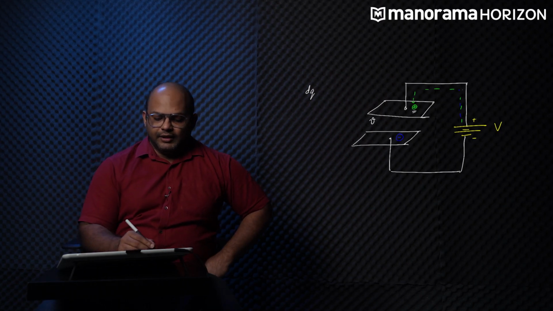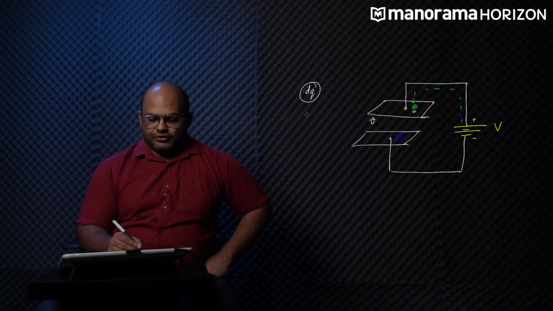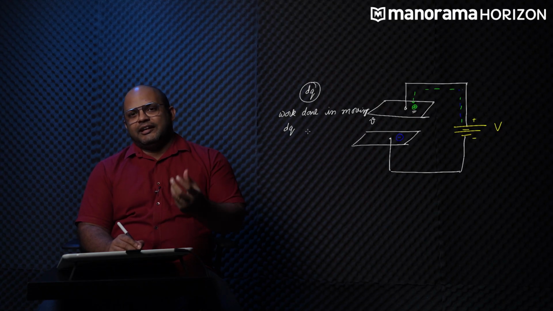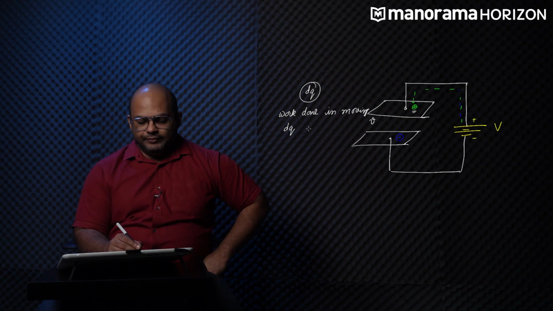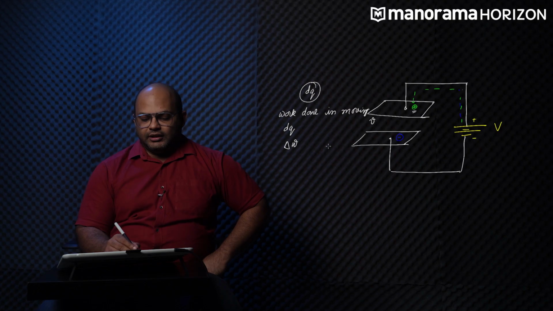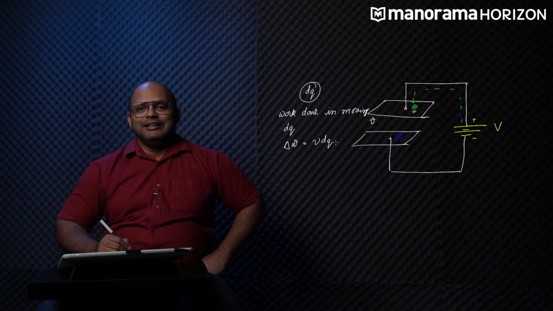So the work done in moving this tiny charge dq, and in response to that we get a tiny potential difference v, that will be equal to delta w, that is the small amount of work done in this process, is equal to small v times dq.